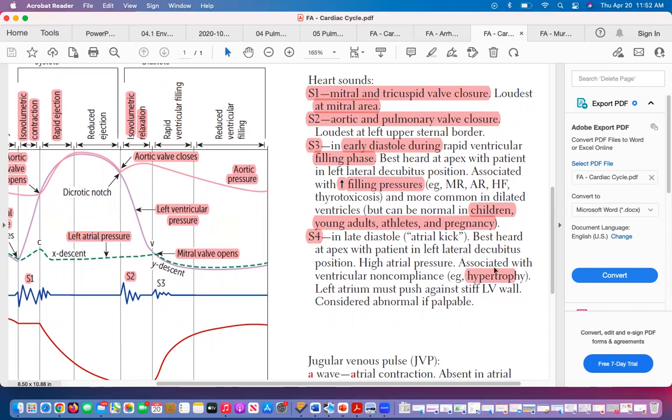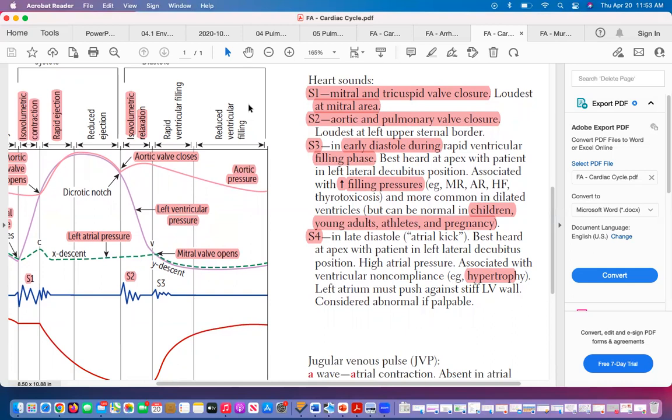Usually it's because of hypertrophy of the ventricle. There is a disease that you will go through in term 4, called hypertrophic cardiomyopathy.